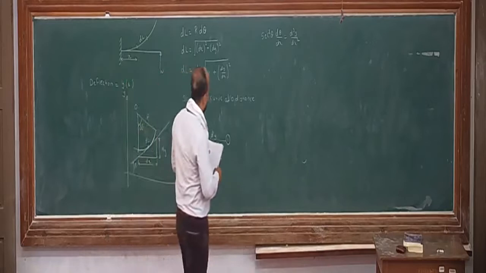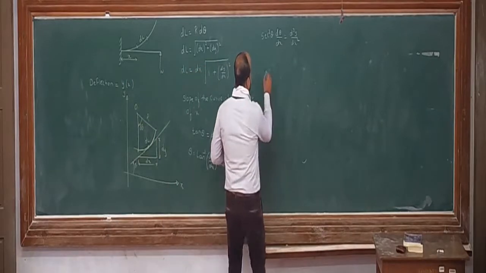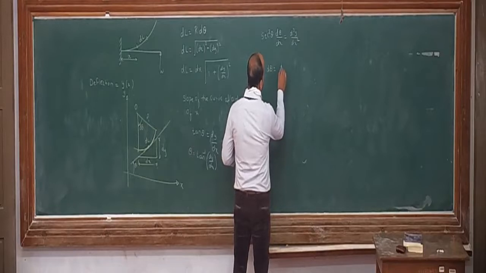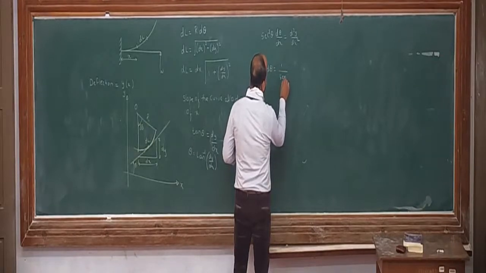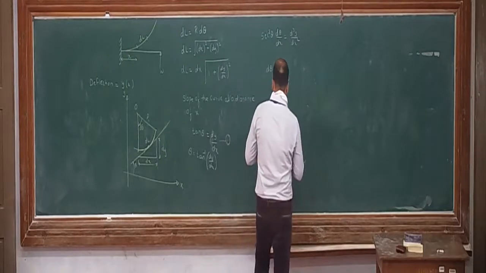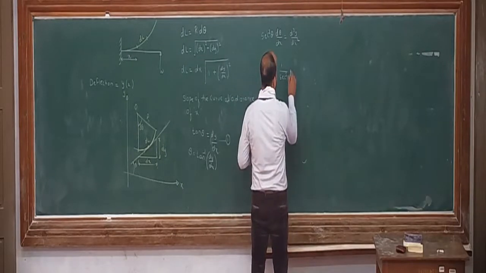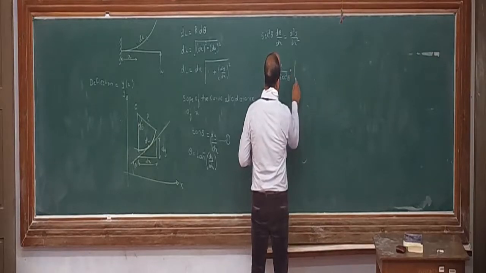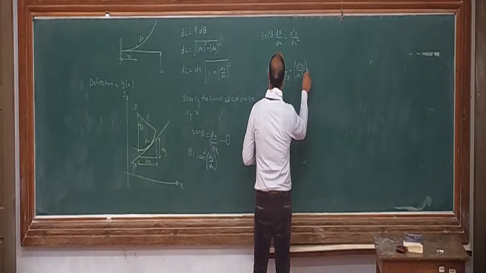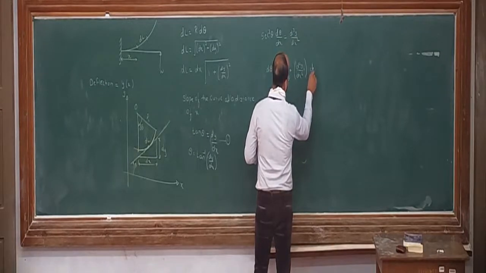Now just simplify this to get d theta. d theta is equal to 1 divided by sec square theta into d square y by dx square into dx.